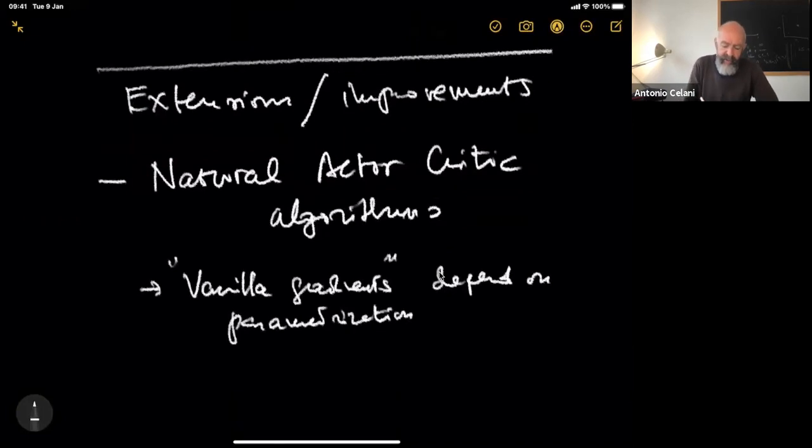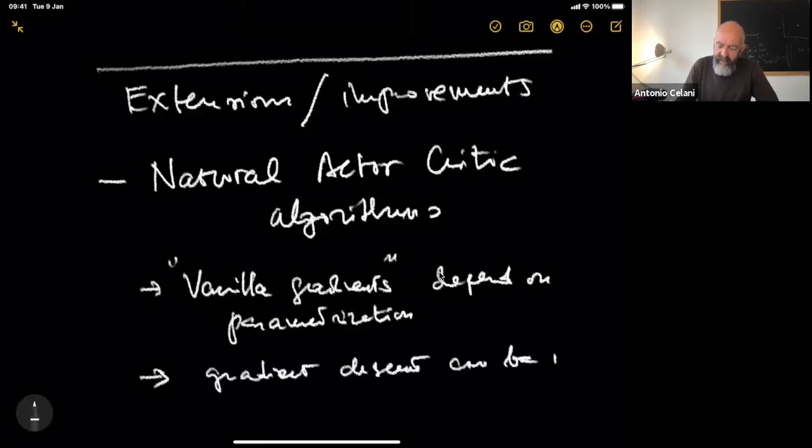And another issue, which is not totally unrelated, but let's discuss it independently, is that gradient descent can be unsafe. So vanilla gradient descent. By vanilla, I mean just the simplest version that I gave you until today, without any decoration or modification.